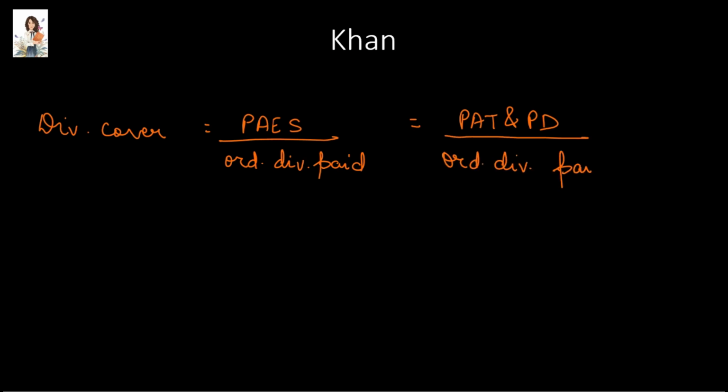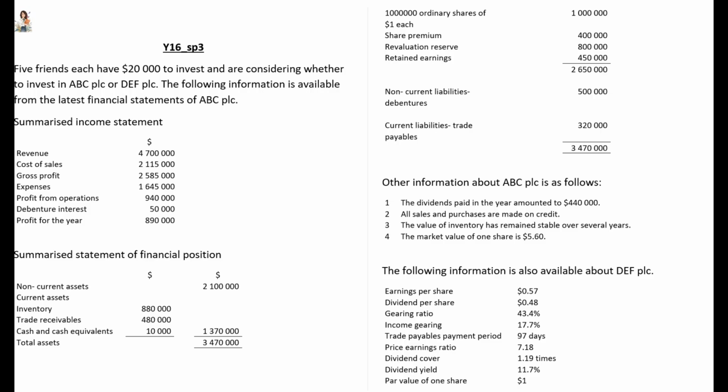So let's find out these figures from the question. In this question, there is no taxation and preference dividend. Therefore, the profit for the year is equal to the profit available for equity shareholders. And in point 1 of additional information, we are already told that the dividends paid in the year amounted to $440,000.